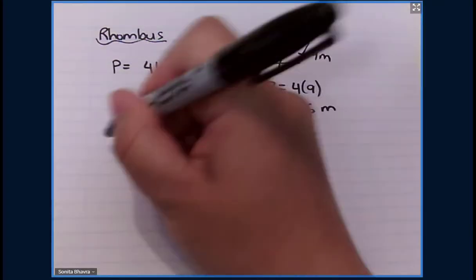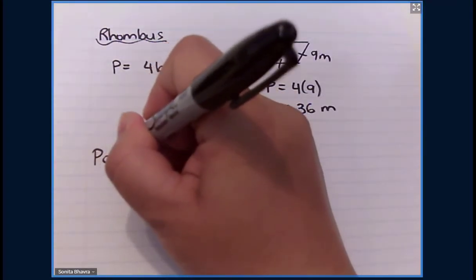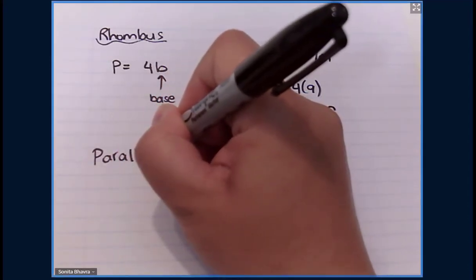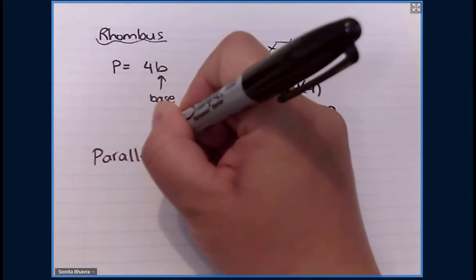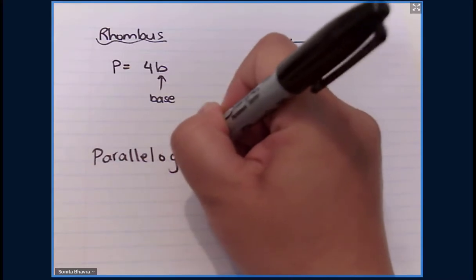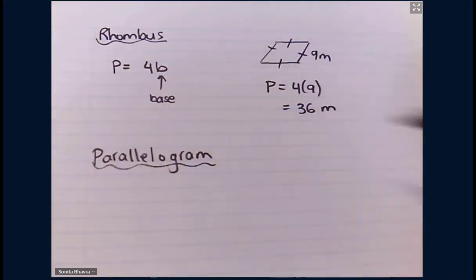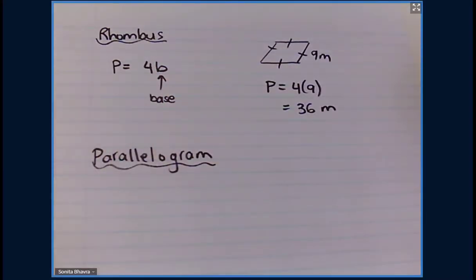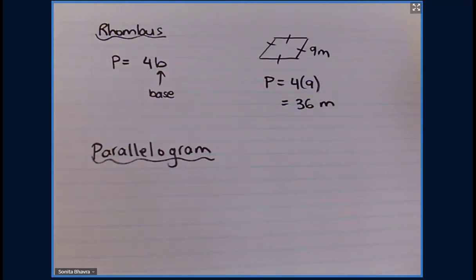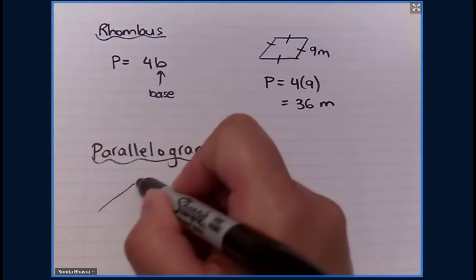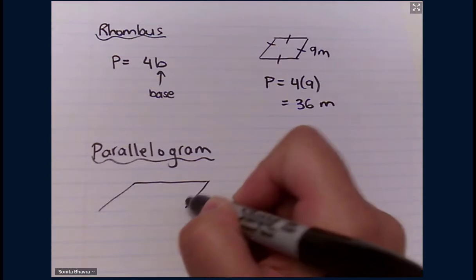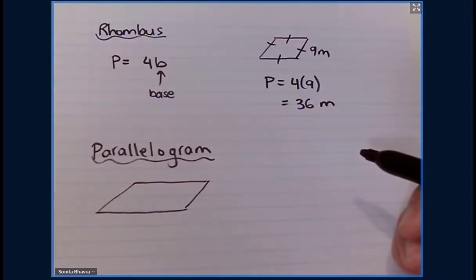The next one is a parallelogram. A parallelogram is basically a tilted rectangle. So basically it looks like this.